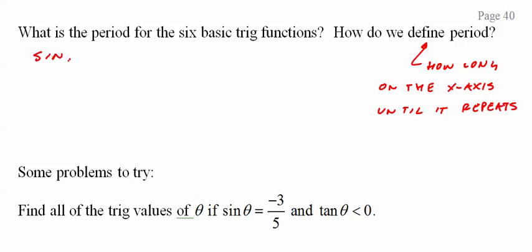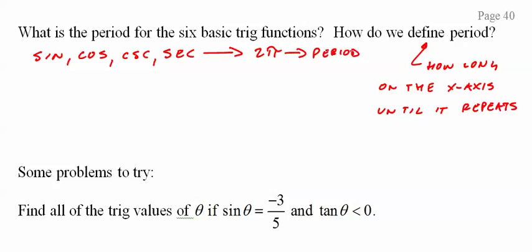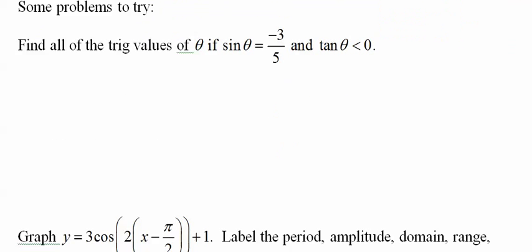So sine, cosine, cosecant, and secant, period is 2 pi. For tangent and cotangent, period is pi. Remember those, that's very important to remember.